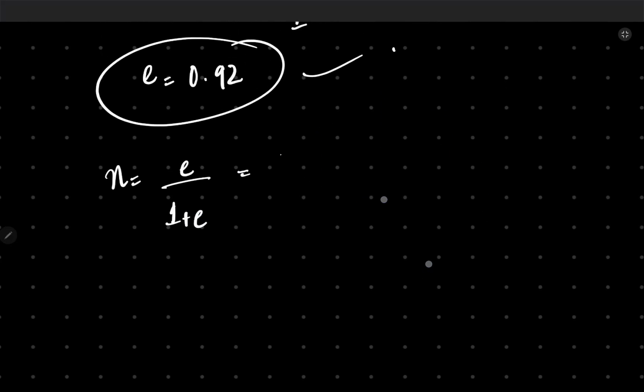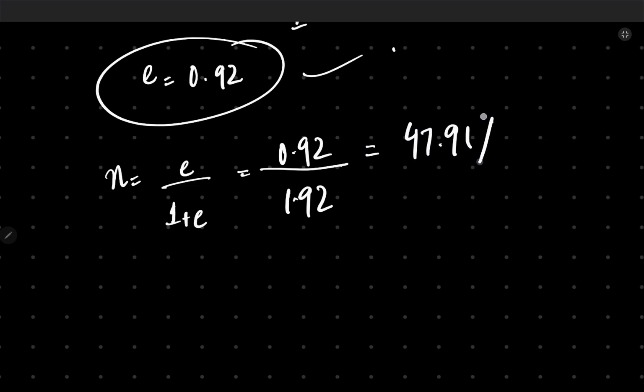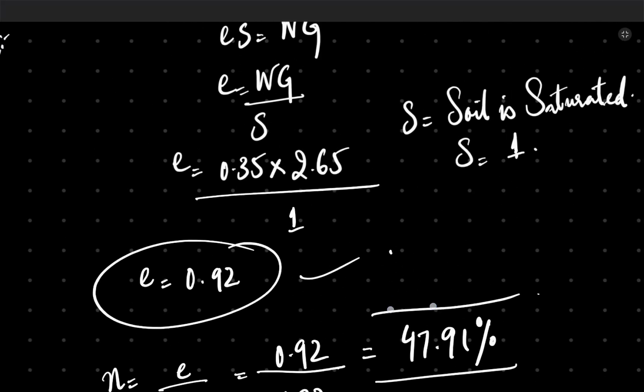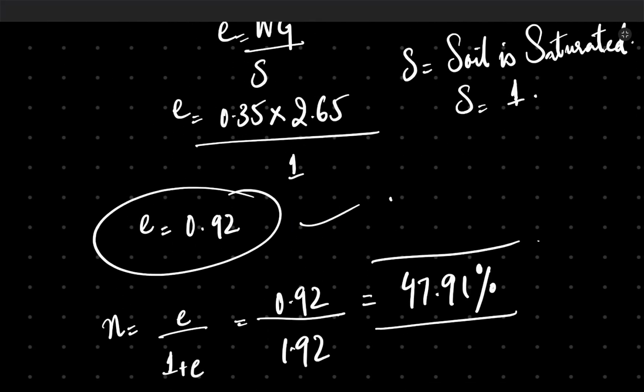So this becomes 0.92 divided by 1.92. Porosity is 47.91%. We usually report porosity in terms of percentage, and usually use it as decimals in computations. So we have found the porosity and void ratio.